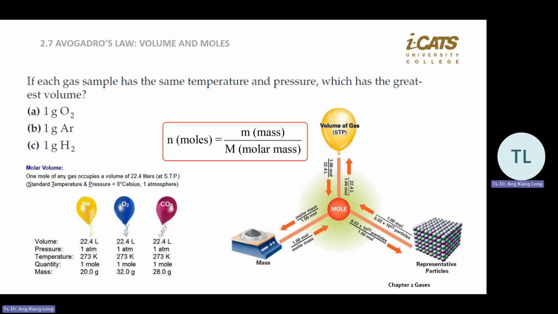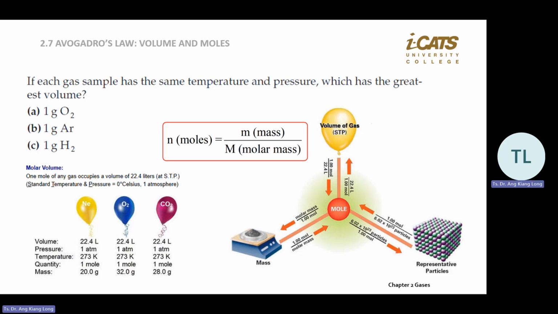Later we'll learn something called standard temperature and pressure volume of gas. Later we use this one. At the current stage, just accept that 1 mole of gas will give you 22.4 liters at standard temperature and pressure conditions.